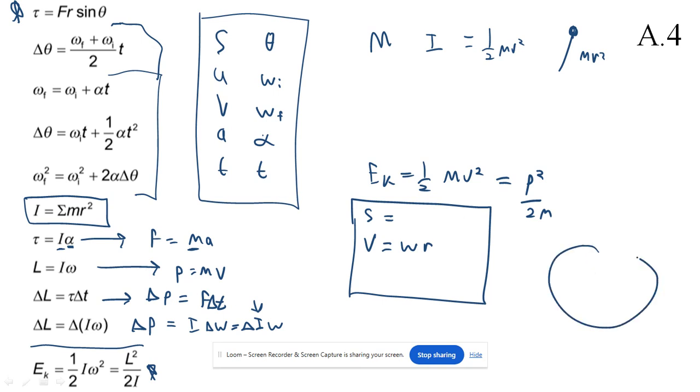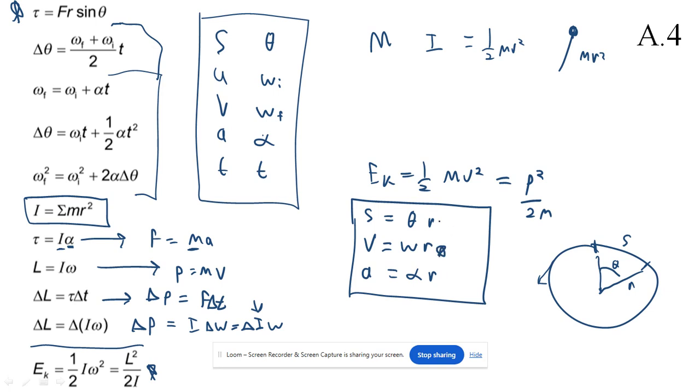So if you have a wheel like this, and it's got some radius like this, the displacement along this edge here is theta times r. And then the linear acceleration of some object, if this wheel is speeding up, is alpha r. These guys are worth memorizing. It makes sense. You can remember this.